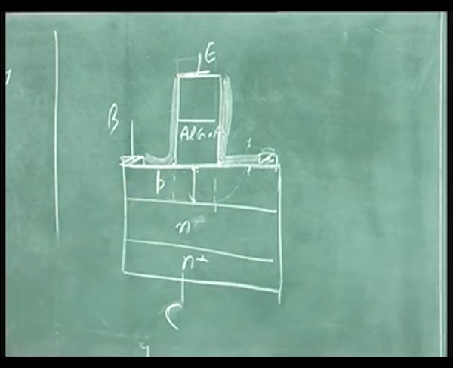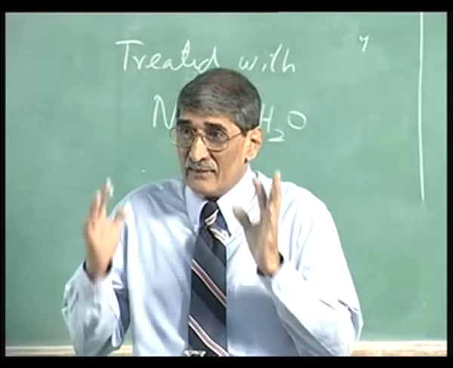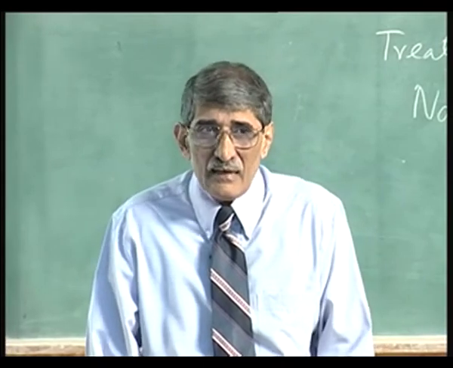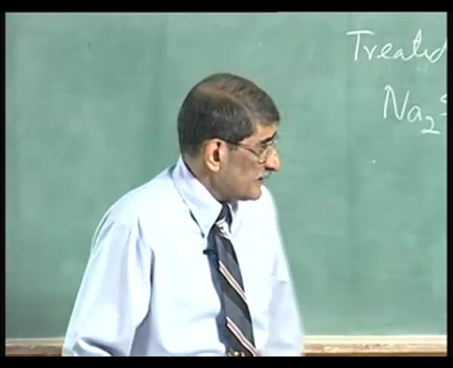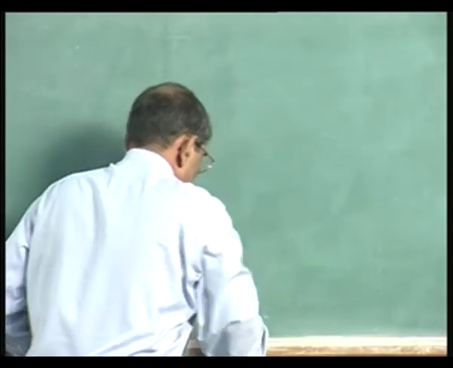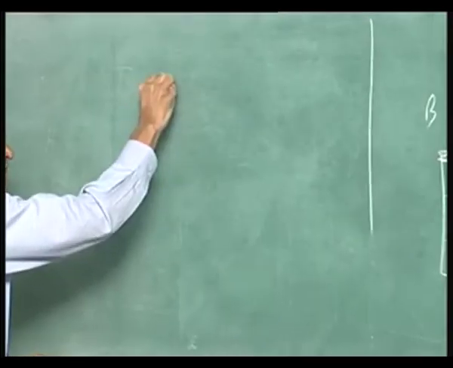Though these sorts of problems were encountered, ever since then people said there is something which does the trick and you must work on some other compounds. And then people came up somewhere in the 1990s with ammonium sulfide.